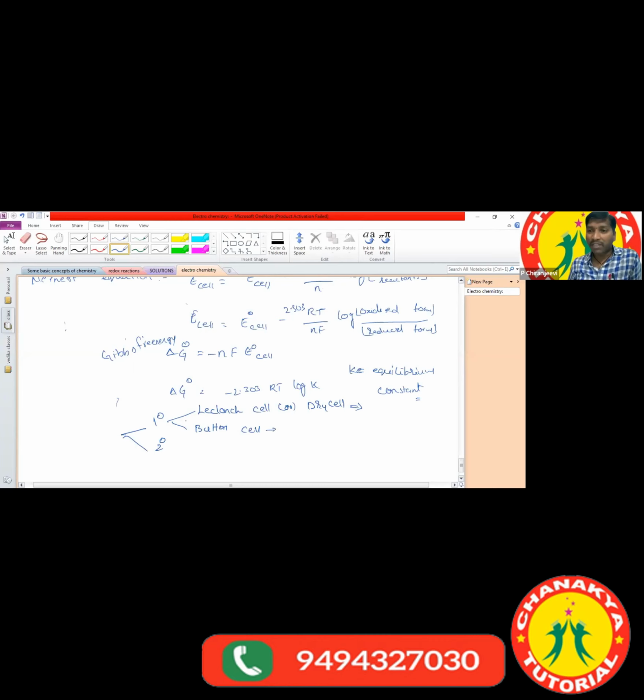What are primary batteries? The batteries which cannot be reused by recharging. Whatever batteries, the watch battery, TV remote batteries and wall clock batteries, they cannot be reused. Simply, we can call all of those not rechargeable batteries.